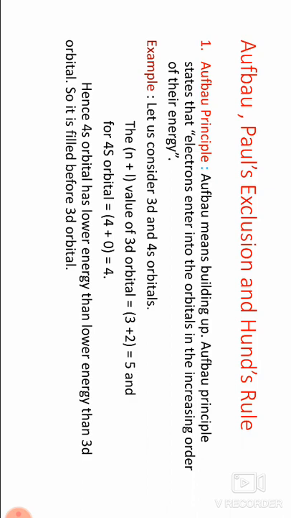The n plus l value of 3d orbital equal to 3 plus 2 equal to 5, and 4s orbital equal to 4 plus 0, that is equal to 4. Hence 4s orbital has a lower energy than 3d orbital, so it is filled before 3d orbital.